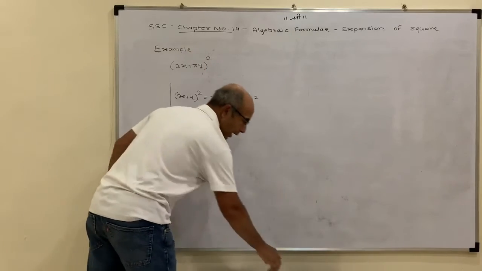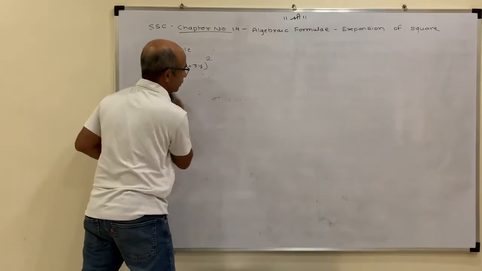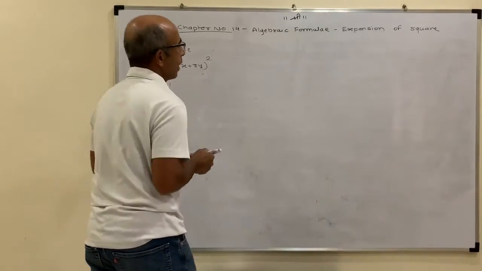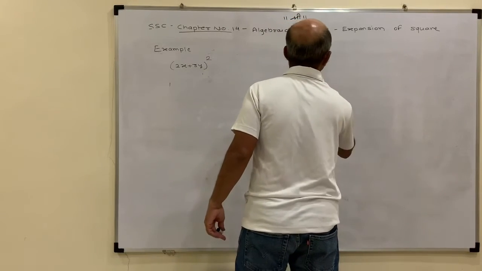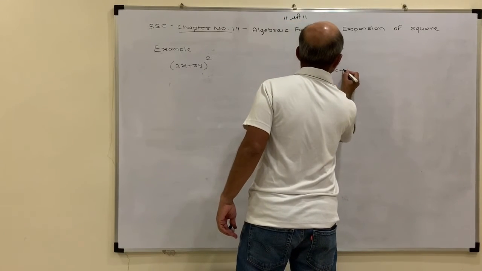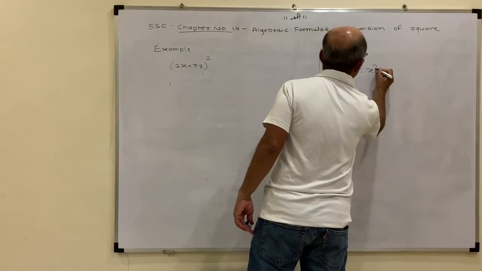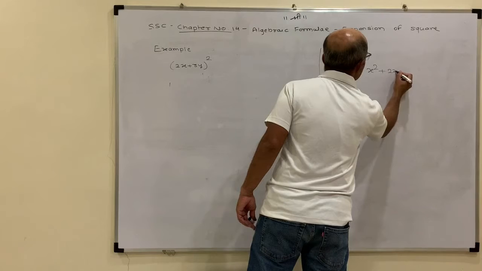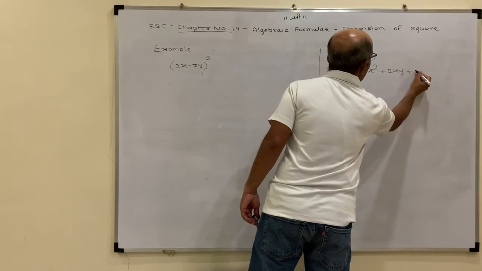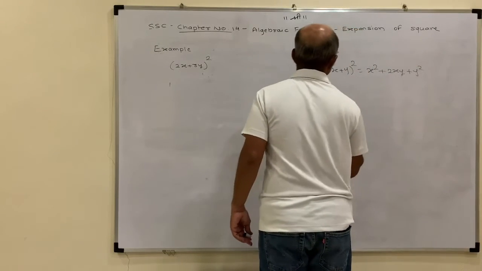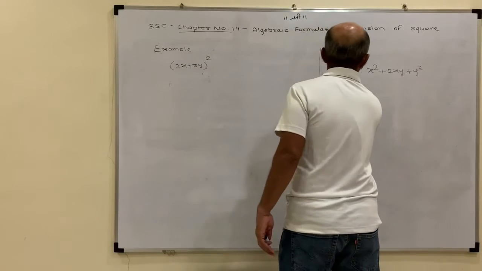So I'll do one thing, I'll rewrite it on the other side of the board, so it will be there for a while. Here I put the formula: (x + y)² = x² + 2xy + y². Right? This is one.